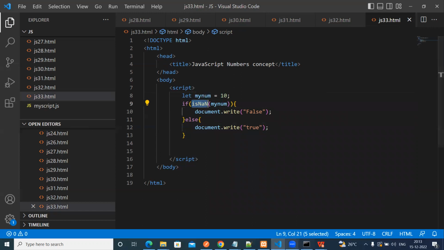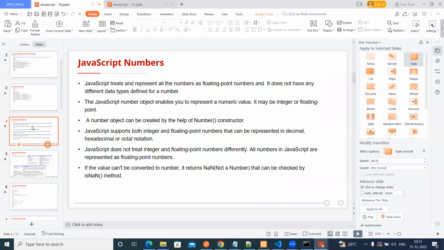Okay, we will see. So basically NaN means not a number, which can be checked by the isNaN method. If the value cannot be converted to a number, it will return the false result, right?